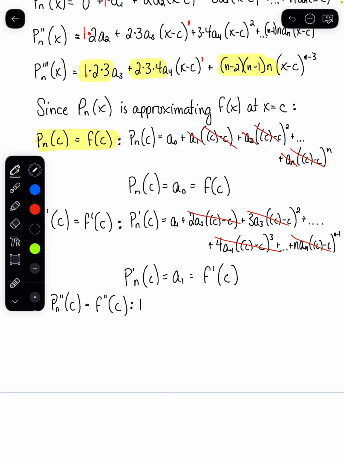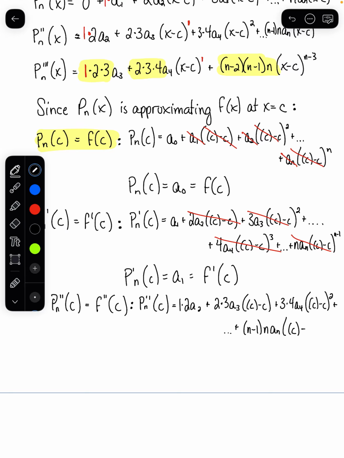So what this gives us is p sub n double prime of c is equal to, let's do the full thing here, 1 times 2 times a sub 2, plus 2 times 3 times a sub 3 times c minus c to the first, plus 3 times 4 times a sub 4 times c minus c squared, all the way up to n minus 1 times n, a sub n, times c minus c to the n minus 2.